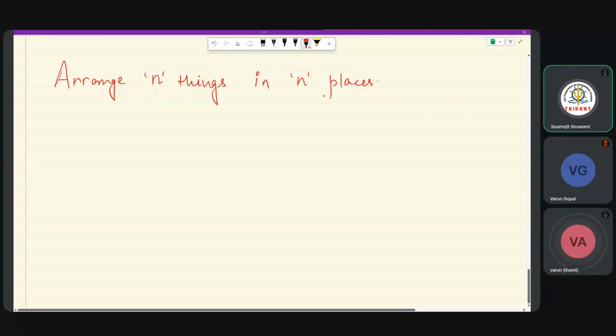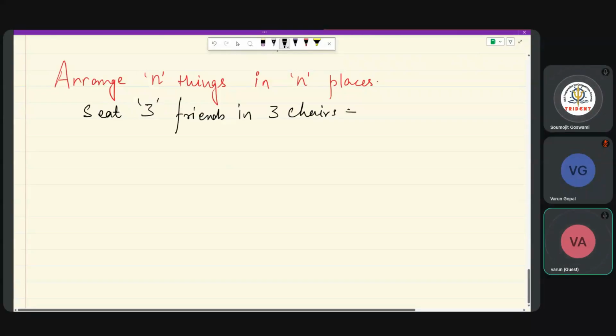Illustration would be something like this. You have to seat 3 friends in 3 chairs. In how many ways can it be done? Let's do it manually first to understand it, and then we'll logically understand what I'm about to tell you. So how would we do this manually?